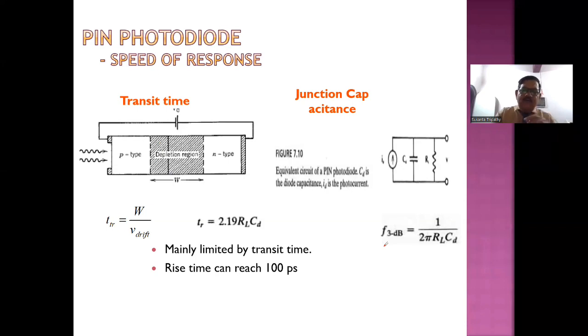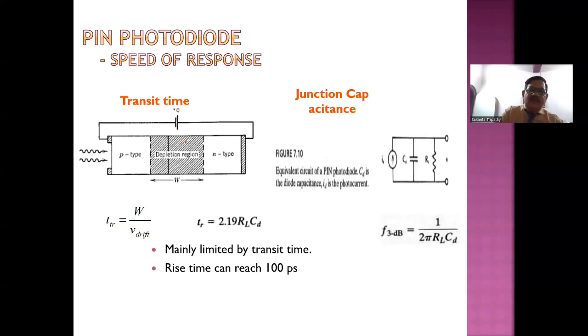As I said, you cannot use this detector for any frequency of the signal. If you want to know the maximum frequency up to which the detector will work, you have to use this relation: F3dB is equal to 1 by 2 pi RL into CD, where RL is the load resistance and CD is the capacitance of the diode which is formed here.